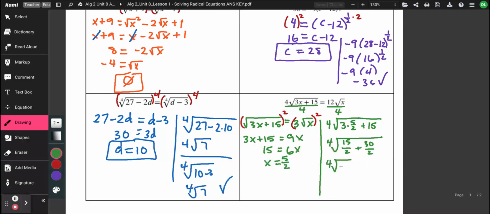So this is going to give me 45 over 2, and the square root of 45 is 9 times 5 over 2. So the square root of 9 is 3, so we can pull that out front, and we will get 12 times the square root, and then what we're left with in here is 5/2. Okay, and then if we take our 5/2 and plug it in up here, we'll see that we get 12 times the square root of 5/2, which is exactly the same thing. So that's a good solution.